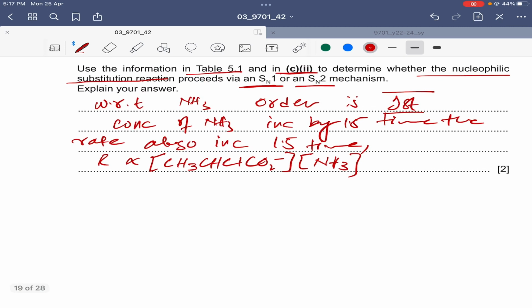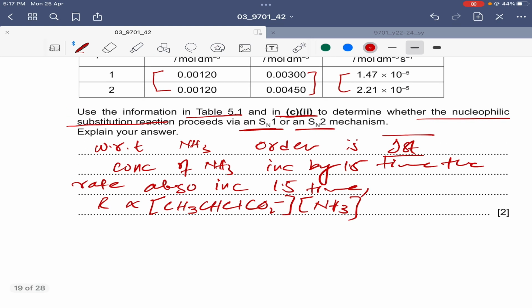In SN1 mechanism, the concentration of the nucleophile does not matter because it occurs in two stages. In the first step, the bond between halogen and carbon breaks and then the nucleophile attacks. In SN2 mechanism, the nucleophile attacks, and due to the attack of the nucleophile, the bond between carbon and halogen breaks.